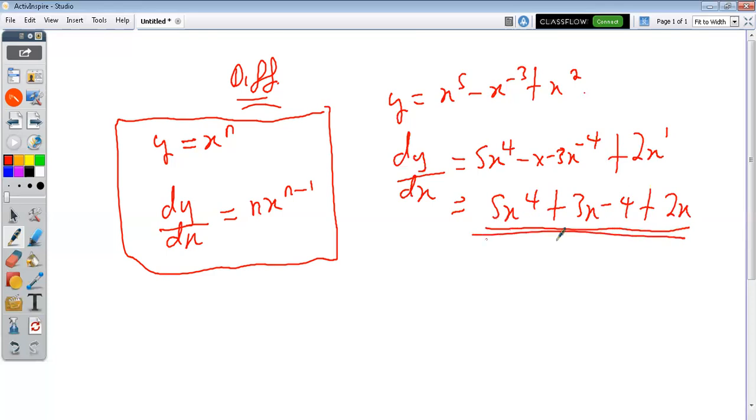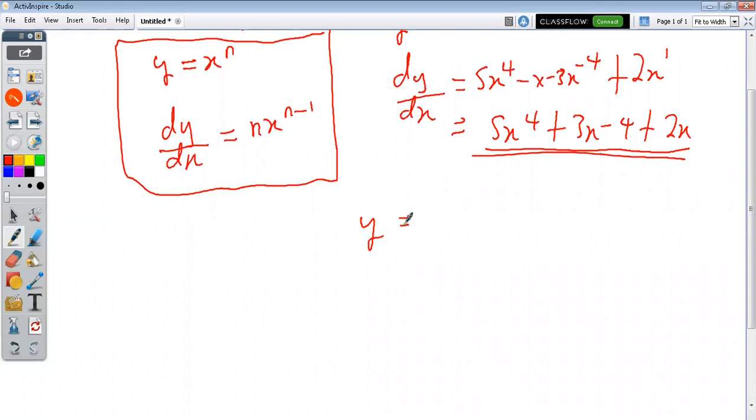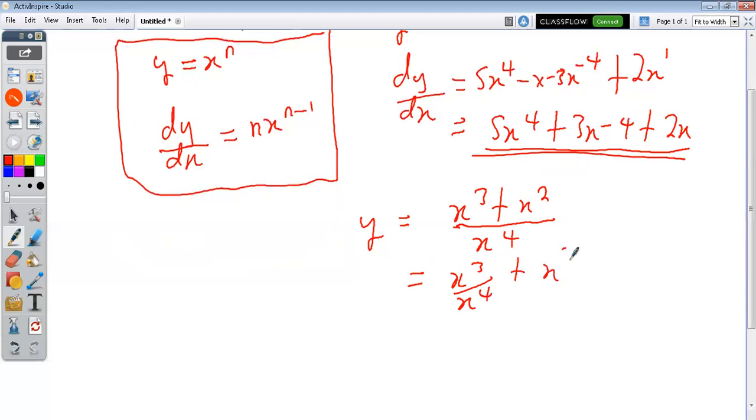You agree? That's simple. If I have something like this, let's say x cubed plus x squared, divided by x to the power of 4. Instead of even using the quotient rule, I can actually divide everything by x to the power of 4, plus x squared divided by x to the power of 4.